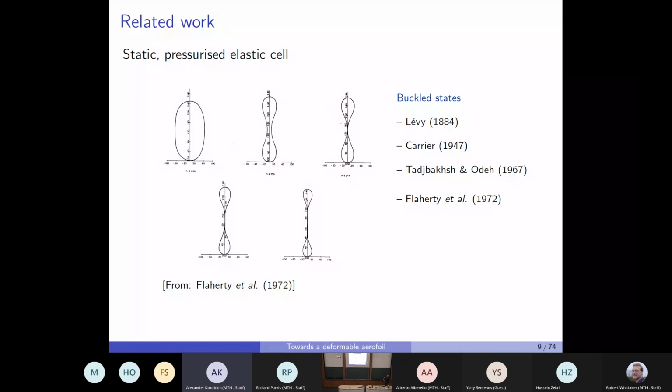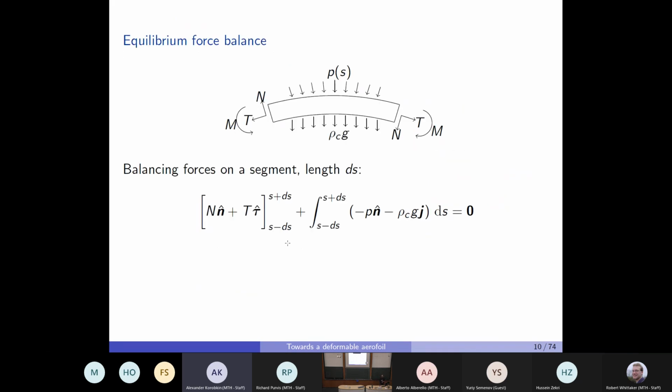And then what they did in this paper was take it even further and allow the pressure to increase, so the point of contact stretches out into a line of contact. So there's a whole segment of the elastic cell which has been pinched together with two little bubbles, if you like, above and below. So that's a static cell with no flow.